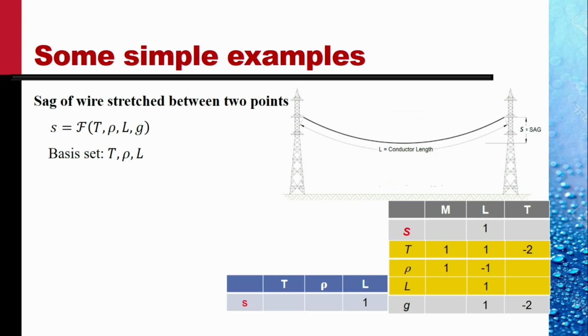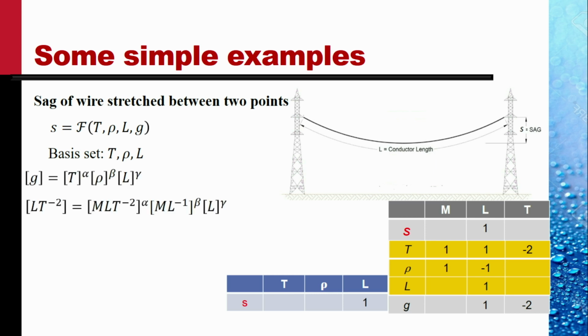And then we have to form the dimensions of g. We write T raised to power alpha, rho raised to power beta, and L raised to power gamma in terms of the basic set. g has a dimension of L T^-2. T is a tension here, not the time. Tension has a dimension of M^1 L^1 T^-2, that is (M L T^-2) raised to power alpha.